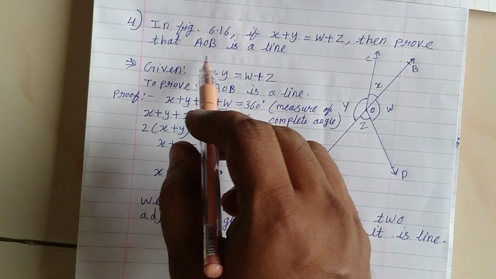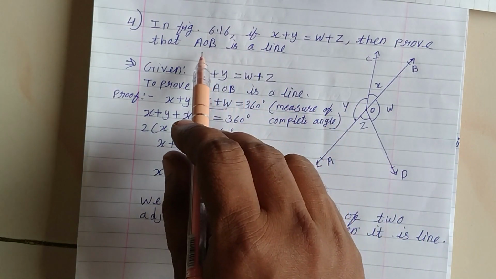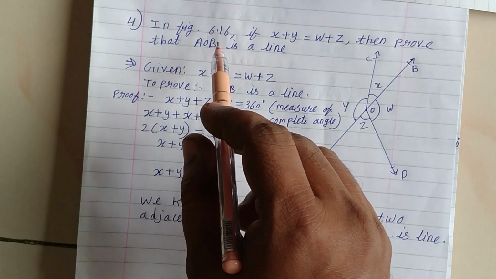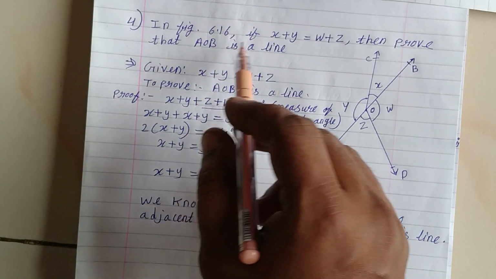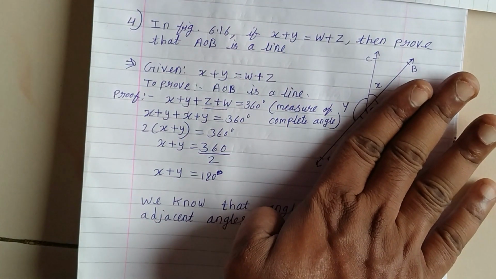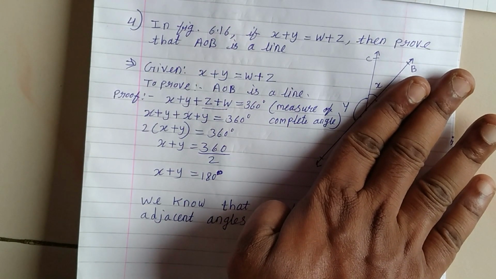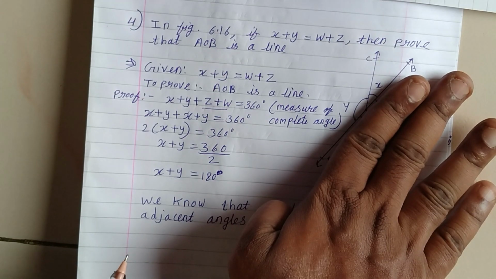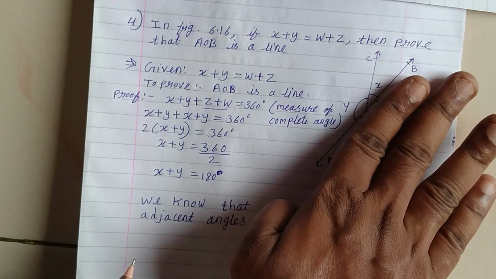Now student, when we have to show AOB is a line, means the measure of the adjacent angle on AOB, the line, we have to show its measure is 180. So this x plus y is nothing but the adjacent angle on the line AOB. So their measure or their sum is 180, that means it is a line.